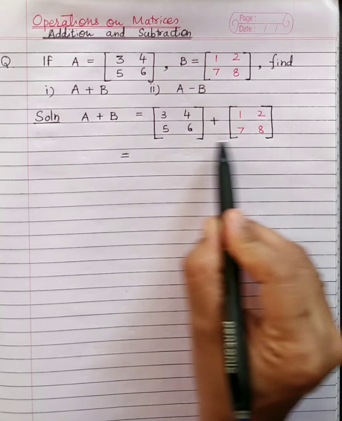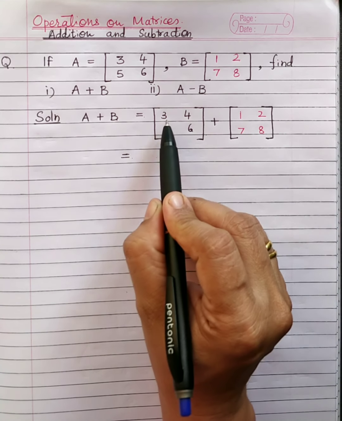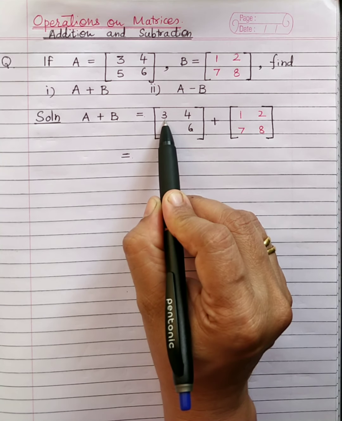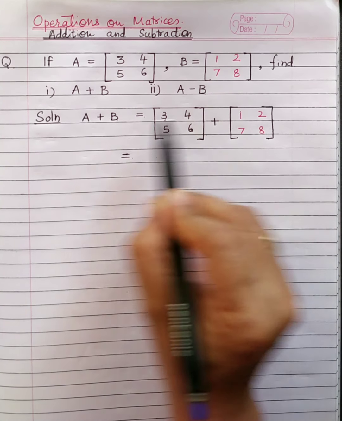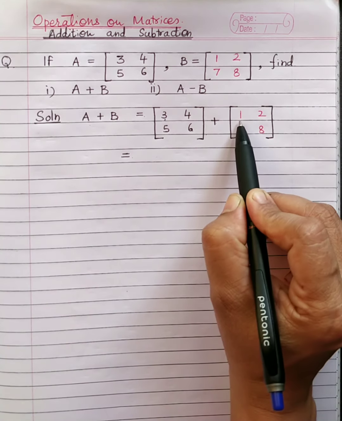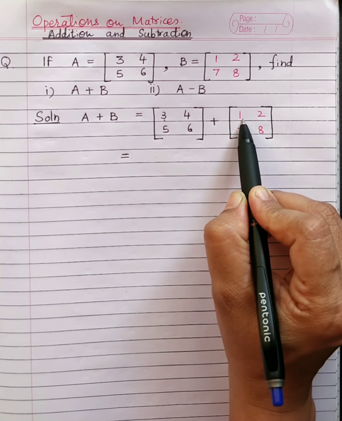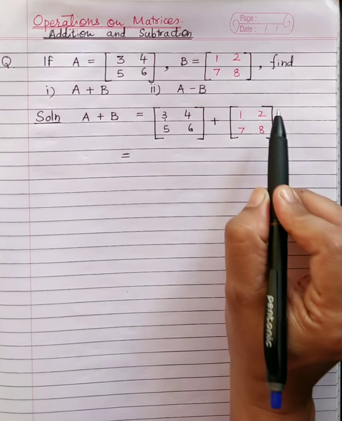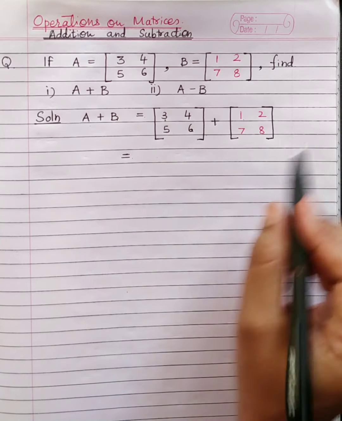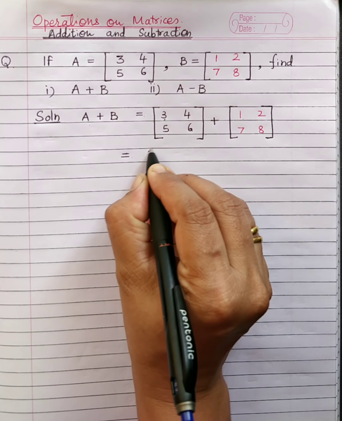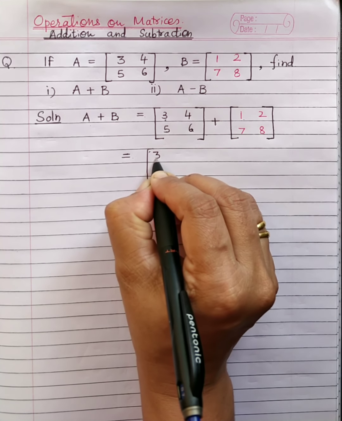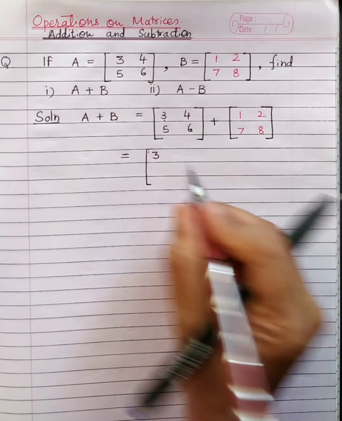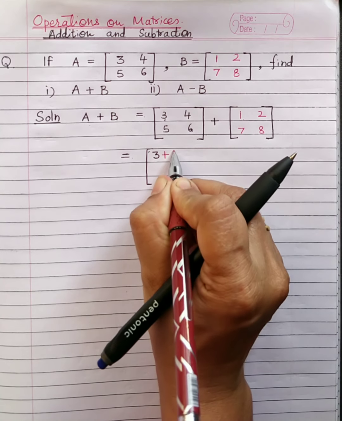Addition is possible because the orders are same. First row, first column element 3 of matrix A will be added to first row, first column element of matrix B. So the resultant matrix will be 3 plus 1. Did you get?